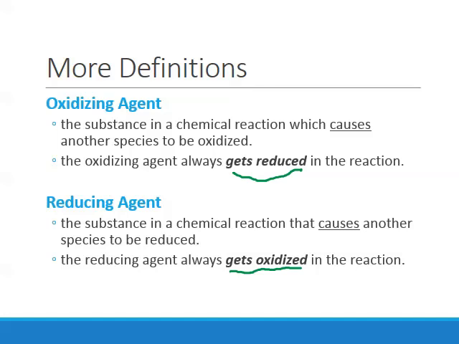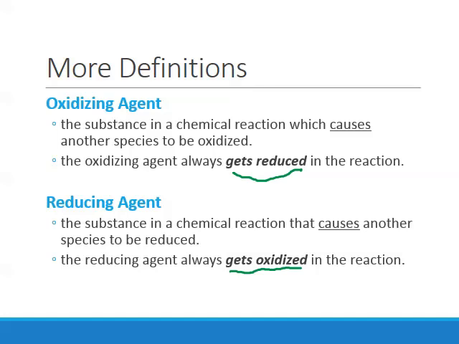Okay, so if you go back to the previous examples that we looked at, anything that was gaining electrons was being reduced. Therefore, that species was an oxidizing agent. The substance that was losing electrons was being oxidized, so that was a reducing agent. You might want to note that in a chemical reaction, these two things, the oxidizing and reducing agents, are always reactants.